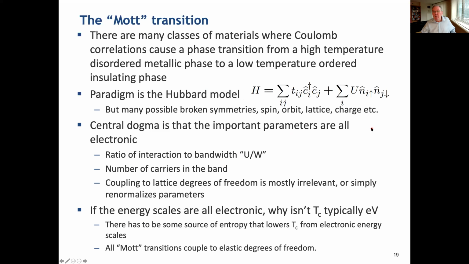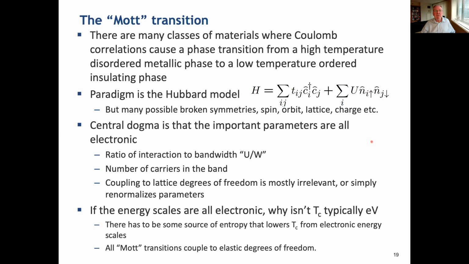I'm sure many of you will have seen this model. It's a simple idea: if I have Coulomb repulsion between carriers in a solid that is competing with the kinetic energy associated with electronic hopping, there is some boundary, associated with the ratio of the Coulomb interactions to the kinetic energy, where I cross from an insulator to a metal.